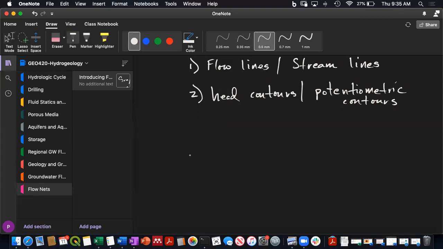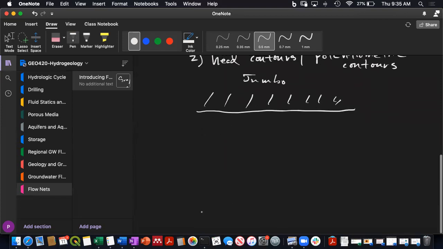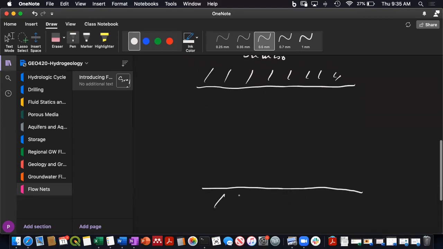So I've got this system where I've got Mount Jumbo up here, and I've got Mount Sentinel down here. And remember that the river flow in general is this way. So this is the way that the Clark Fork's flowing.